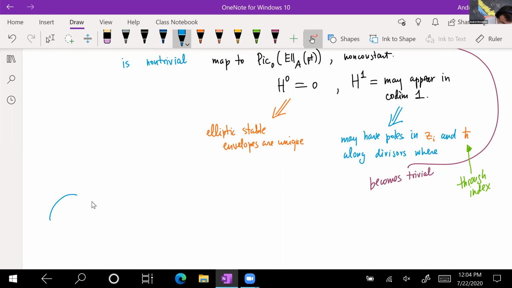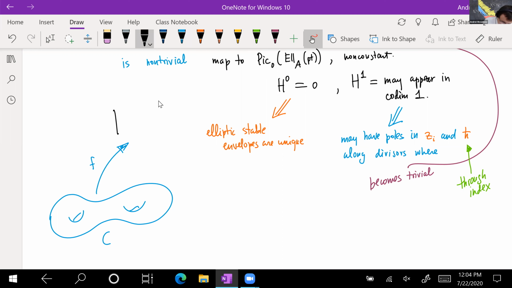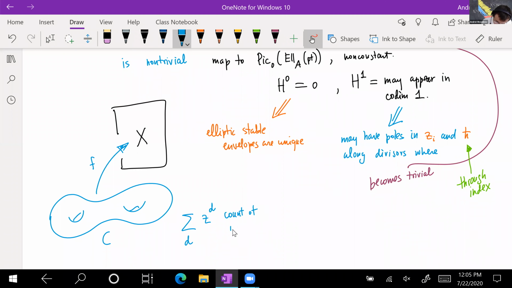We were interested in counting maps from some Riemann surface C, some maps f to some space X. We wanted to study things like the sum over all possible degrees of z to the degree, and somehow count maps of degree d.